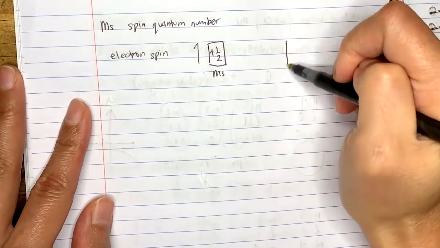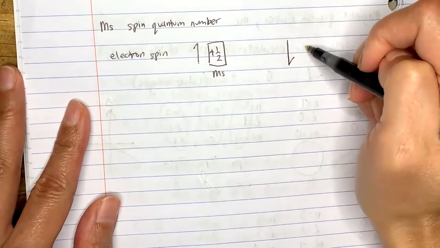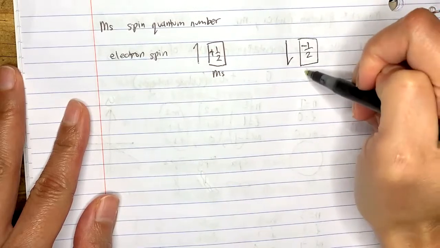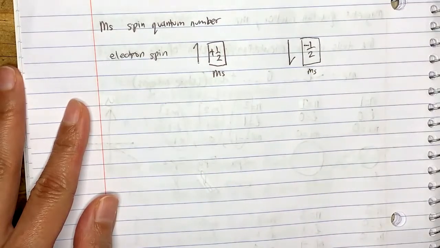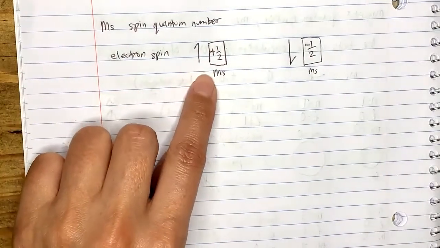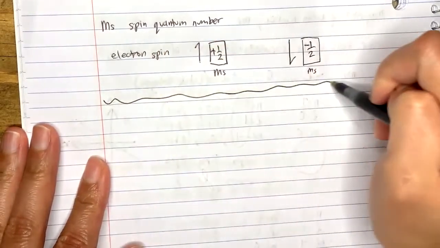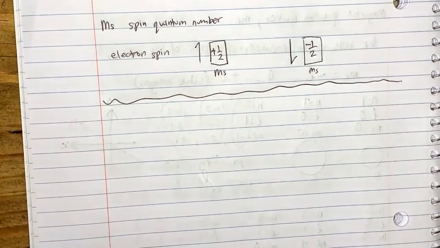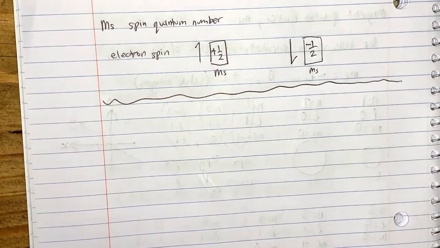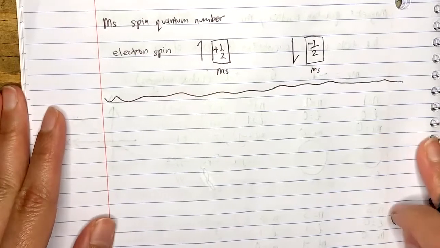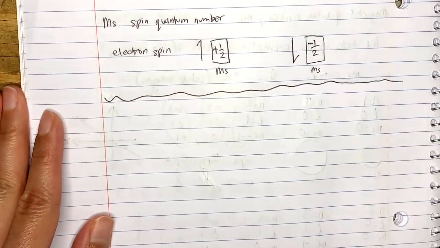If it's spin down, then ms is minus half. That's how we describe spin up as plus half and spin down as minus half. So that's the last number: we have n, l, ml, and ms. Once you combine all 4 quantum numbers, you can use them to describe any electron on the entire periodic table.